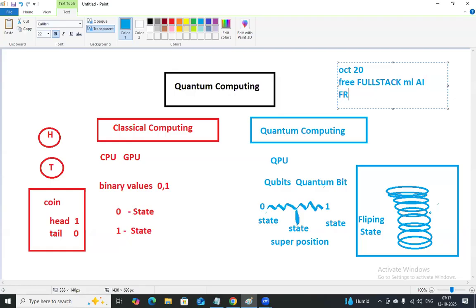And there is one more free batch the same day, a free MERN stack. MERN, you know, right? MongoDB, Express, React, Node. That is also integrated with ML AI. These two batches we are going to start on October 20.